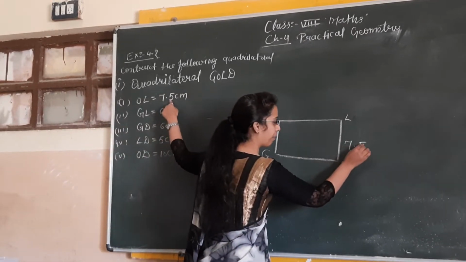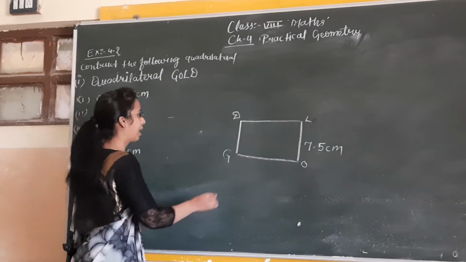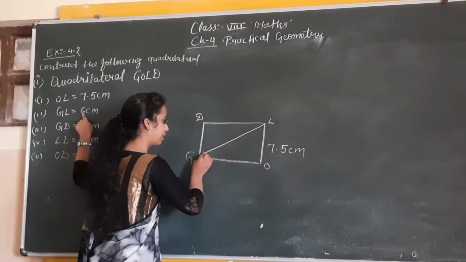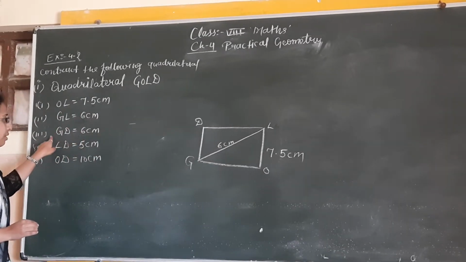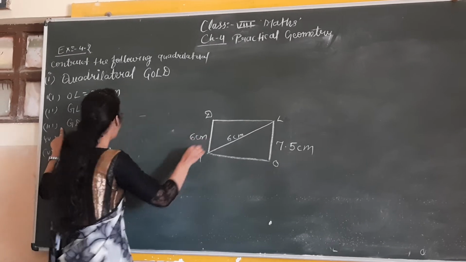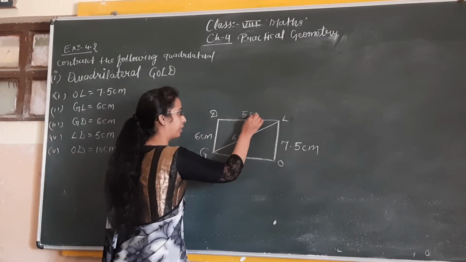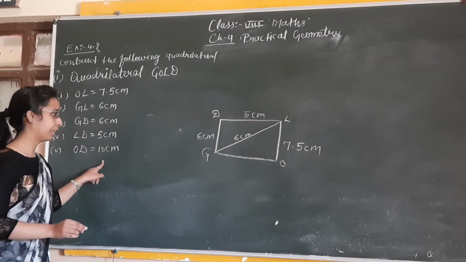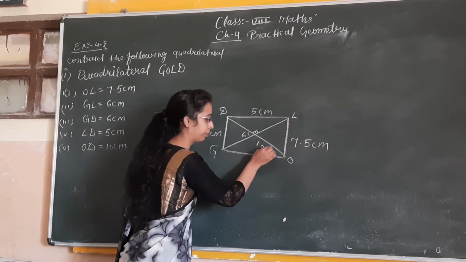OL is 7.5 centimeter. Next is GL, 6 centimeter, which is a diagonal. Next is GD, again 6 centimeter. LD is 5 centimeter. And OD, that is the diagonal, is 10 centimeter.